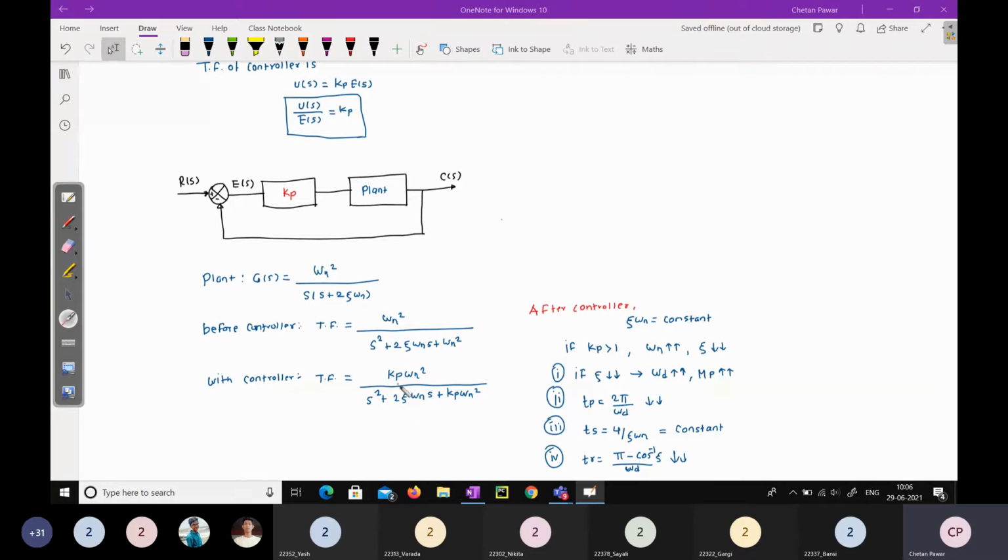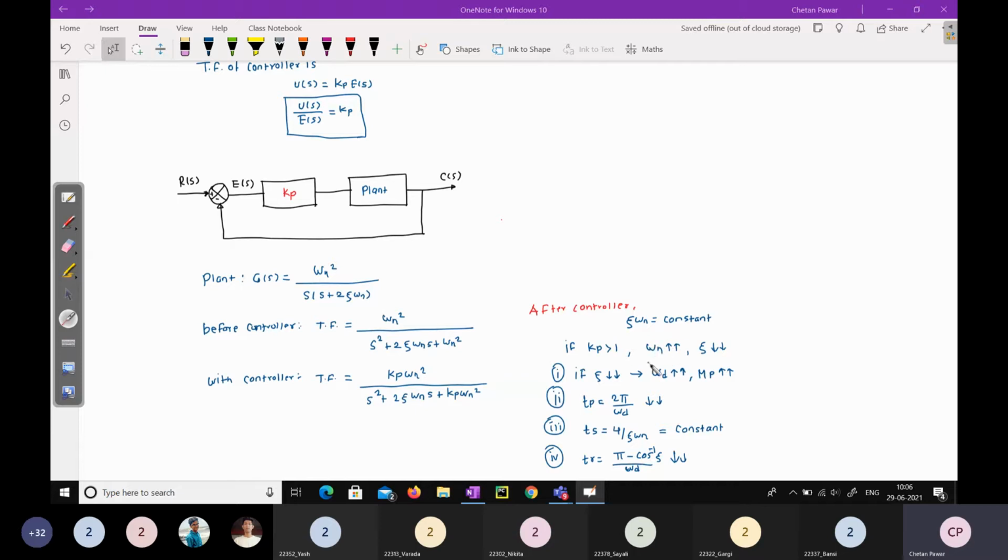Here, this factor determines the natural frequency of oscillation, right? After the inclusion of the proportional controller, that factor is increased. So we can say that the natural frequency of oscillation omega n is increased.